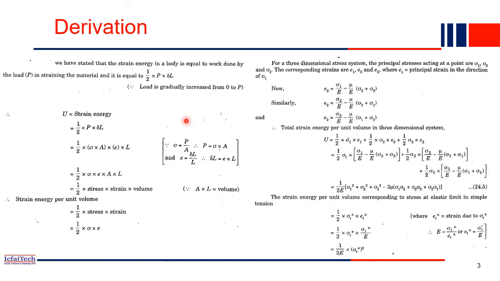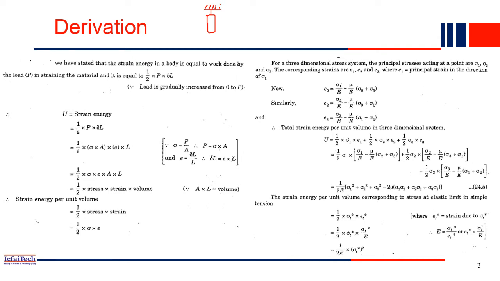Now we will derive our basic equations for the strain energy. Before starting the derivation, let's understand the basics of strain energy. For example, consider a steel bar which is suspended from a roof.